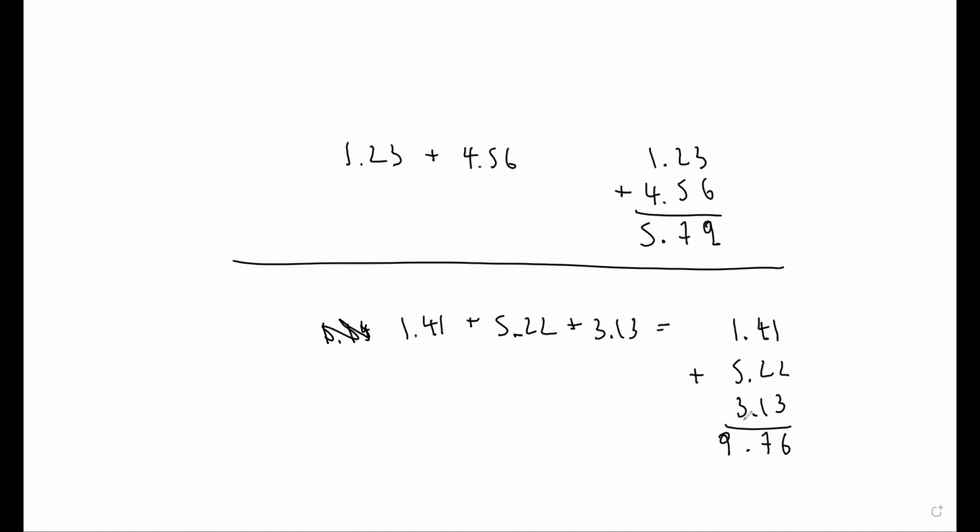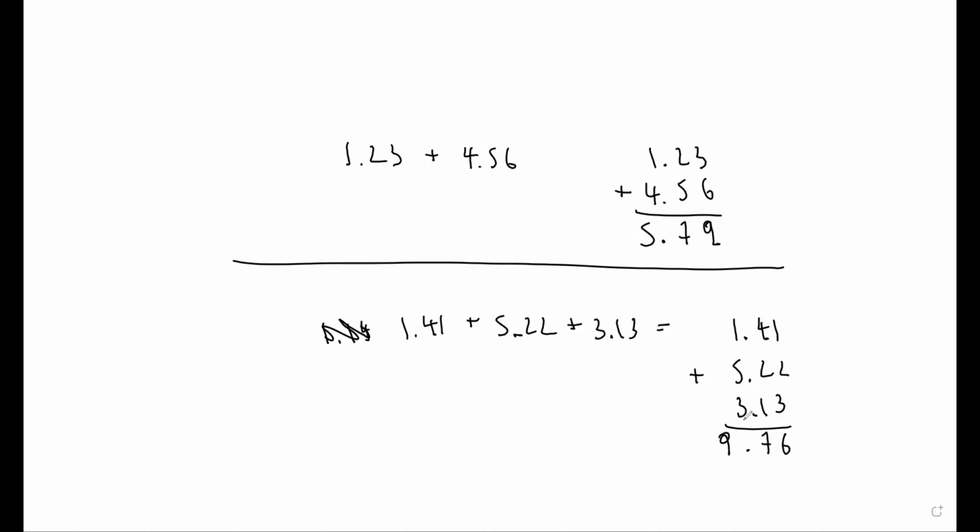You could use zeros as placeholders if you want. We'll see a specific example of that. And you may have to carry digits if a column adds up to more than 10. That ends up being an issue, because you can't put a 10 or 11 or 12 in a column, it messes things up. So you have to do something called carrying the digit, which we'll also look at examples of.